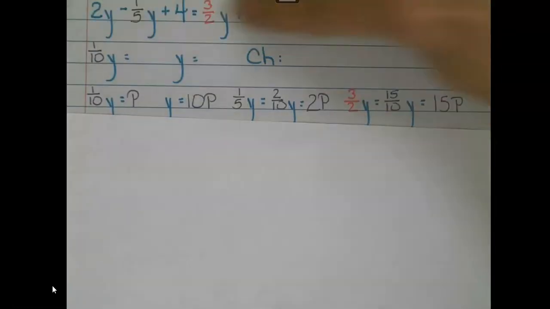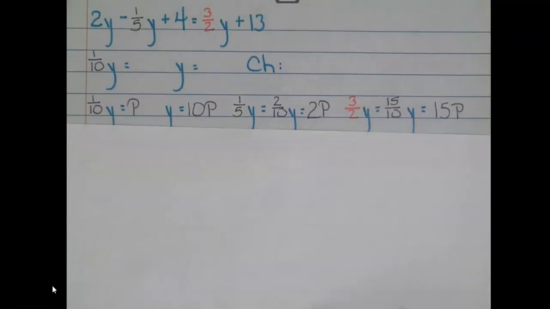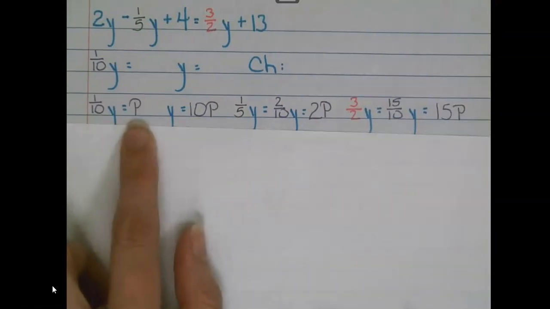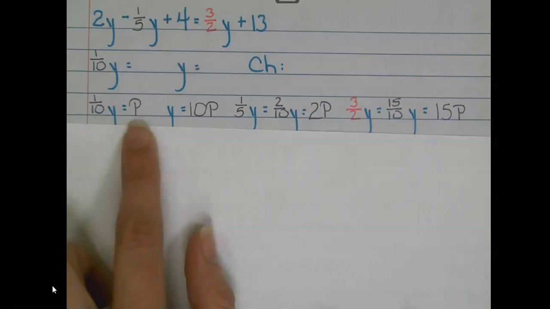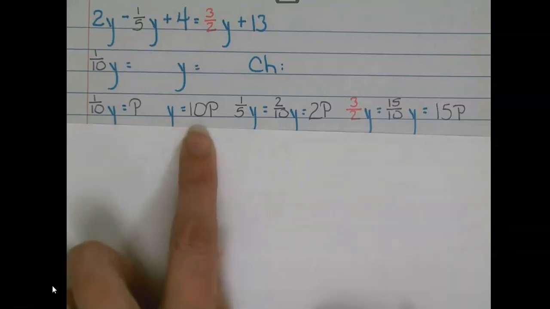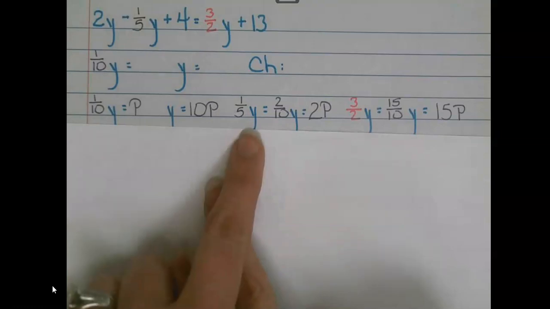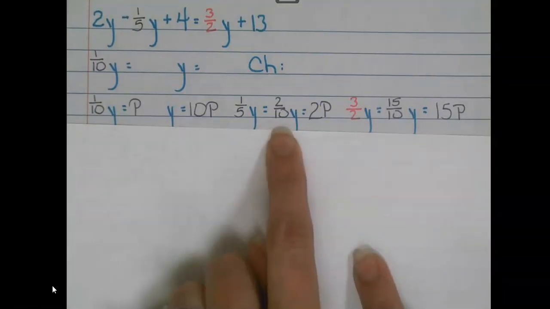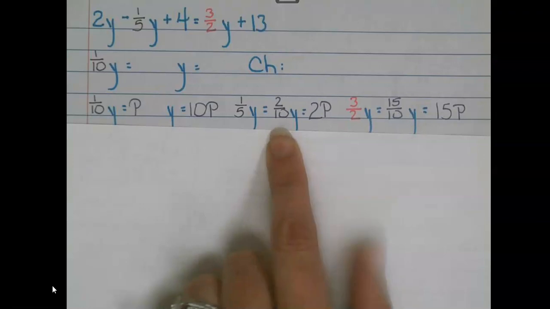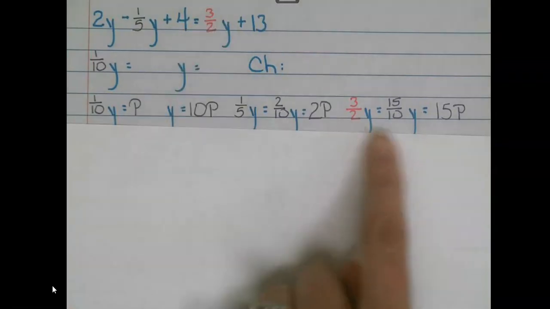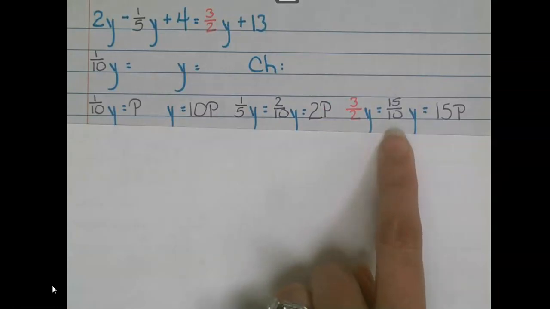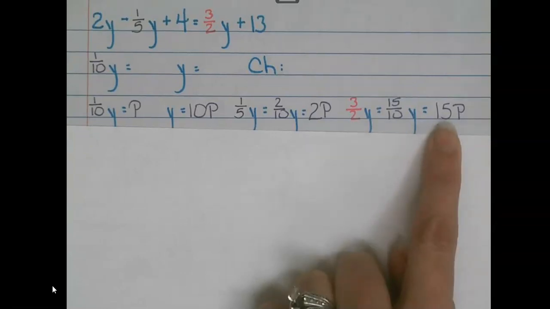All right, so when I fill in my equation parts up here, I have 1/10 of y equals p, so we're using the letter p again to represent the partition into 10 equal parts. So if 1/10 of y is p, y is 10p. 1/5 of y, its equivalent fraction with our common denominator is 2/10 y, and that is 2p. 3/2 of y, the equivalent fraction using our common denominator of 10 is 15/10 of y, and so that is represented by 15p.